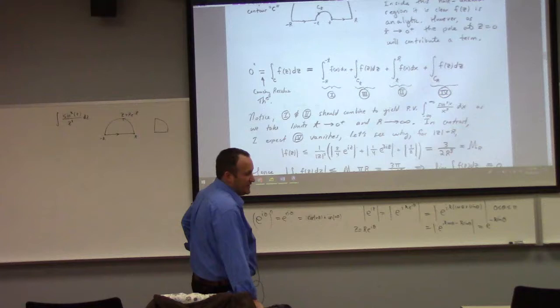But my larger point is sine theta would be non-negative, right? Oh. So the modulus of e to the iz is, at worst, e to the minus r. Or maybe at best, it's e to the 0, right?